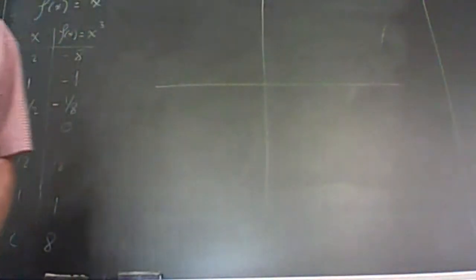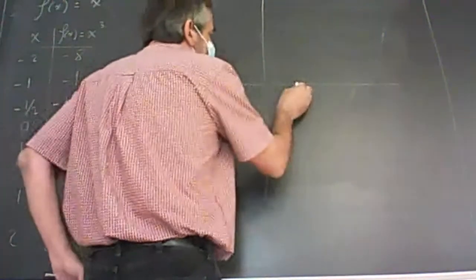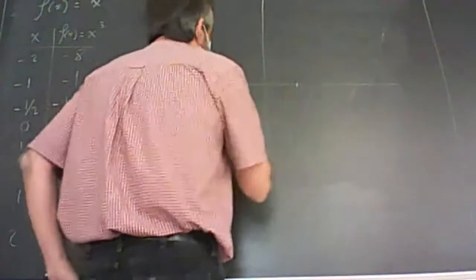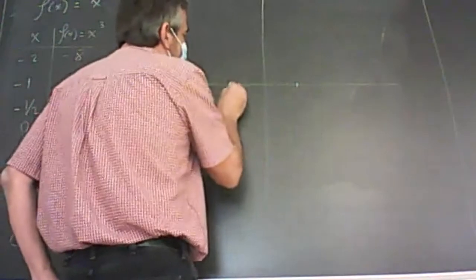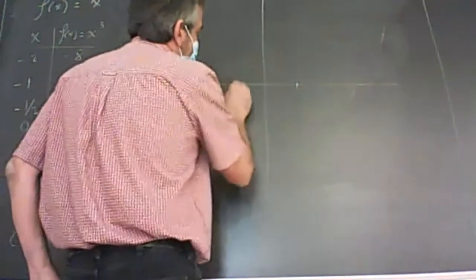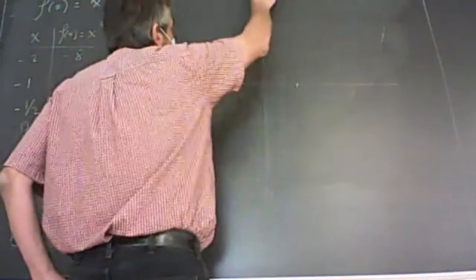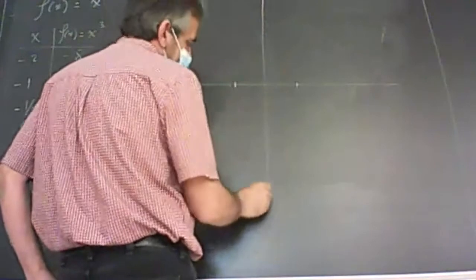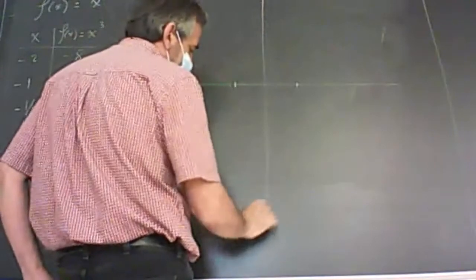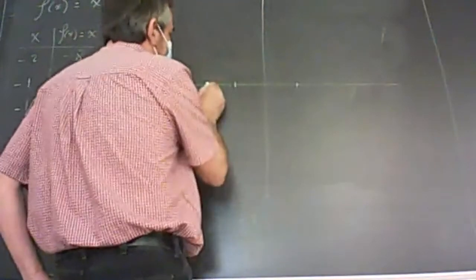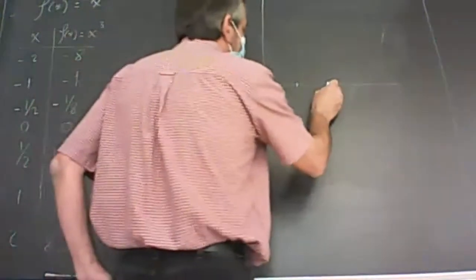So go ahead and identify how things happen. I'm going to choose 1 over here, negative 1 over here, let's say 8 is up here, and negative 8 is down here. And let's see what we can do with the graph.